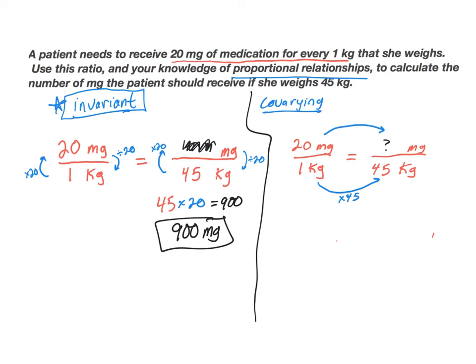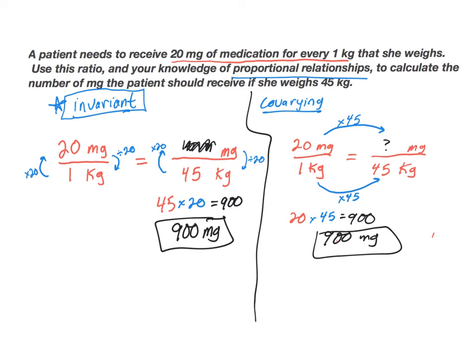So if I want this ratio to be equivalent to 20 over 1, I also need to multiply by 45. I'm going to multiply 20 times that factor of 45, and that's going to give me my 900. So once again, I get 900 milligrams.